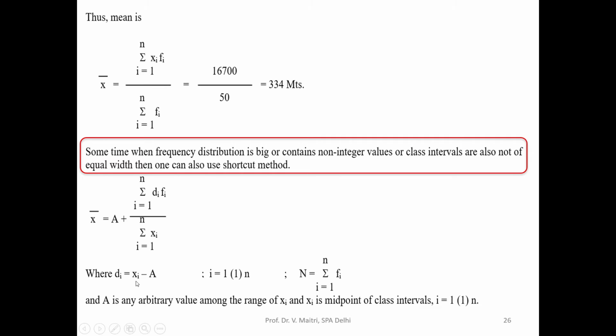Di is Xi minus A. A is any arbitrary value within the range of values of Xi, and Xi is the midpoint of the class interval, as we already know. So we choose any A from the values of Xi, and then we use this formula. Normally we use this when class intervals are not of equal width.